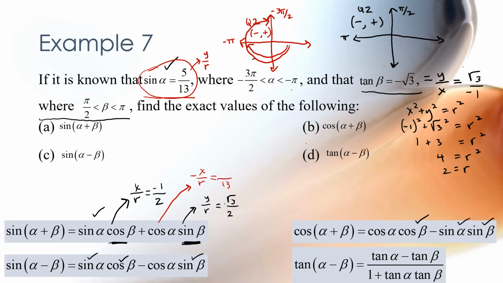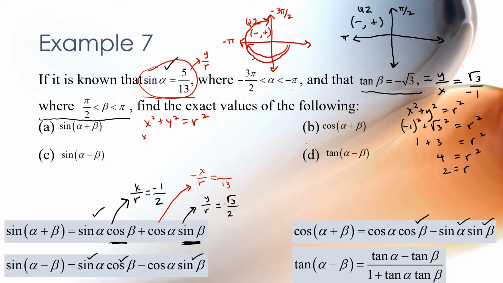But what's the x value? In order to figure that out, I've got to go back to my Pythagorean theorem of x squared plus y squared equals r squared. Now I could also use the Pythagorean identity where I had sine squared theta plus cosine squared theta equals 1. But since I've already broken this up into x's and y's and r's, I think I'll just stick with the Pythagorean theorem.